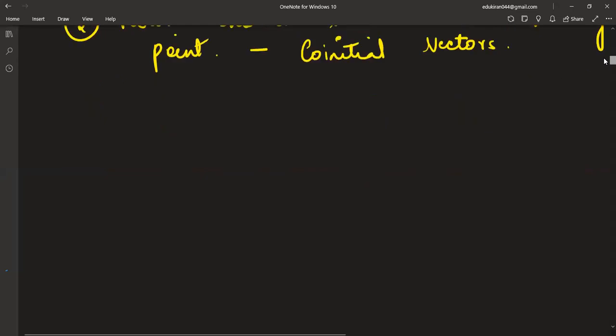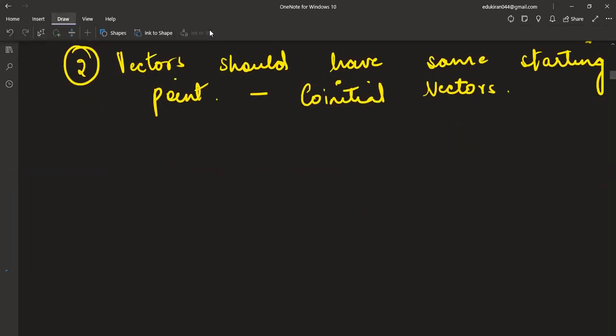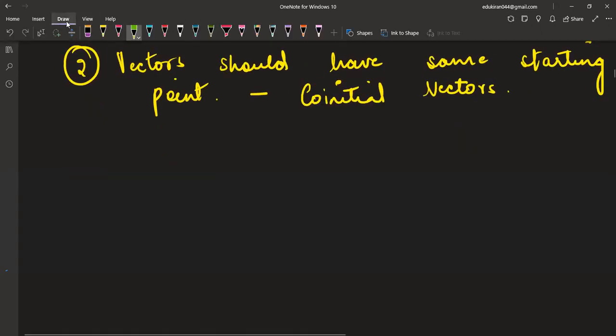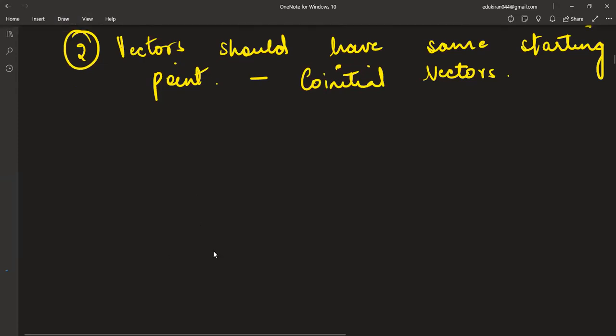Nextly, vectors should have the same starting point. Vectors should have the same starting point means for parallelogram, they have to be co-initial. Co-initial means their tails should coincide.